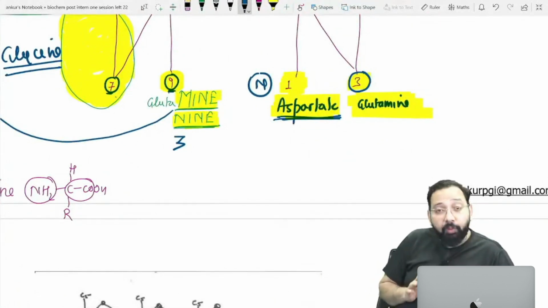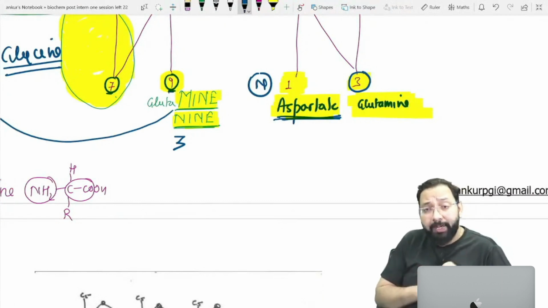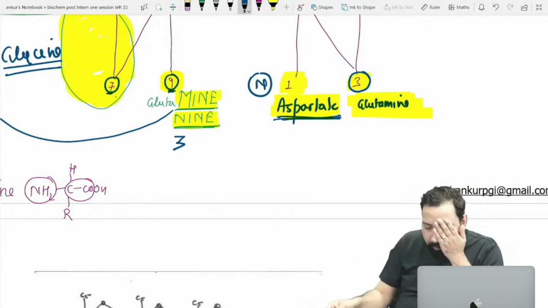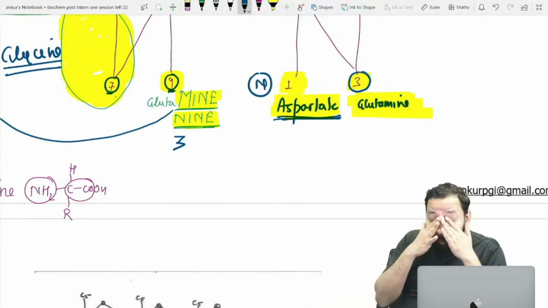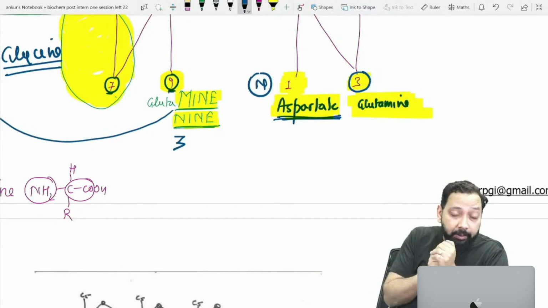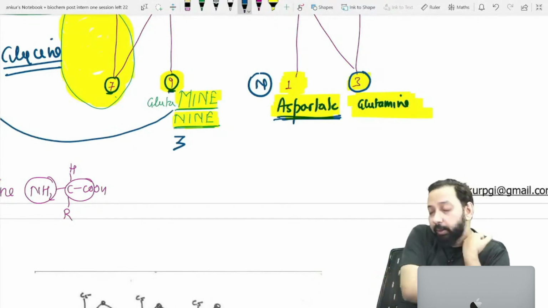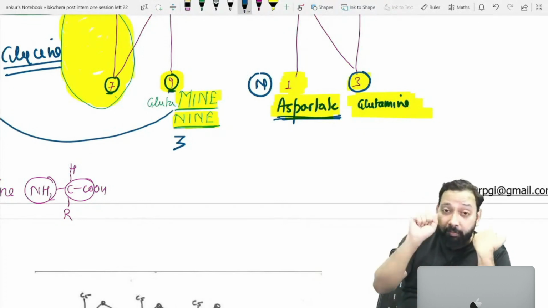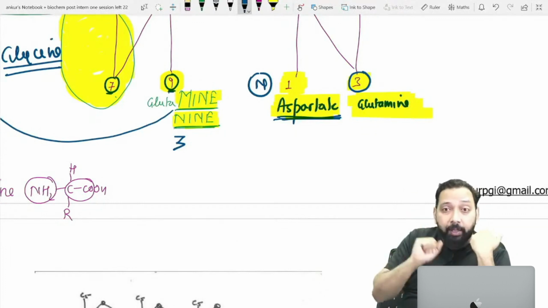You are all aware that base plus sugar is with pentose sugar. I told you glucose is a hexose sugar: 6 carbon, 5 OH. In ribose, 5 carbon, 4 OH.